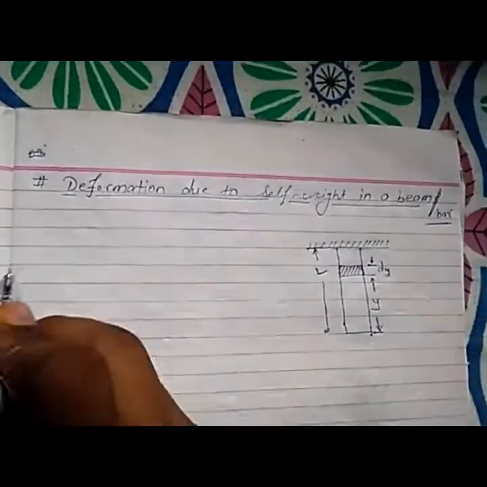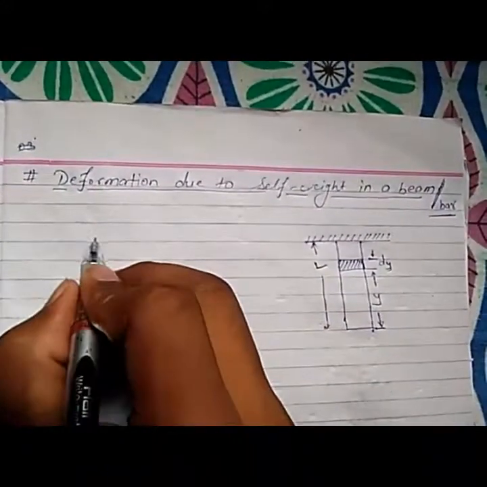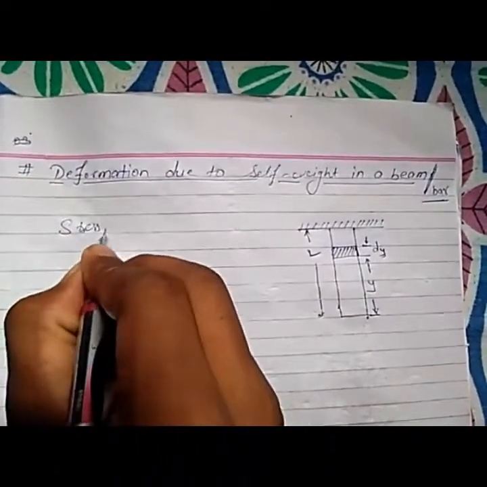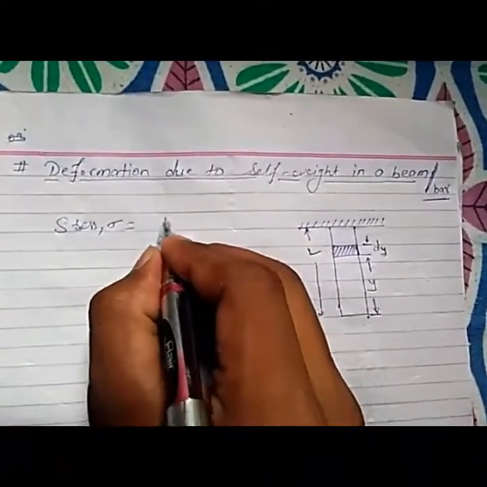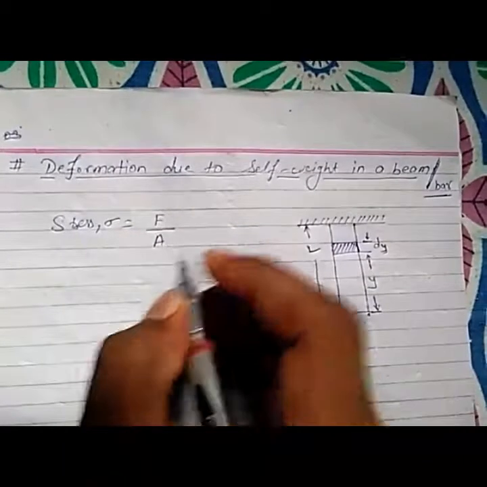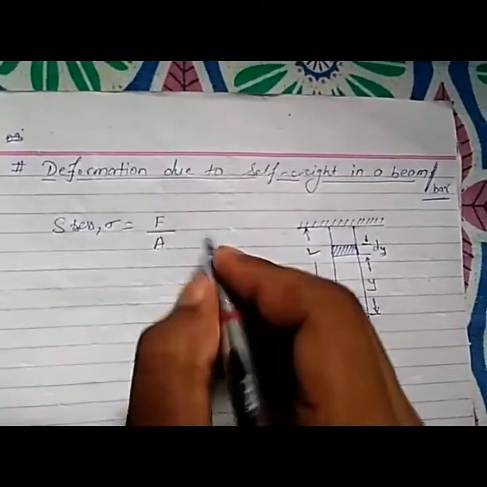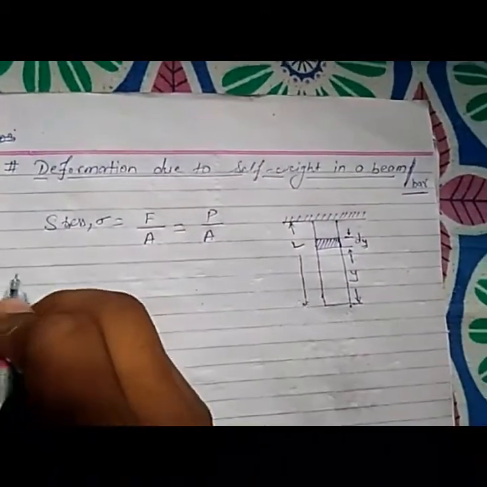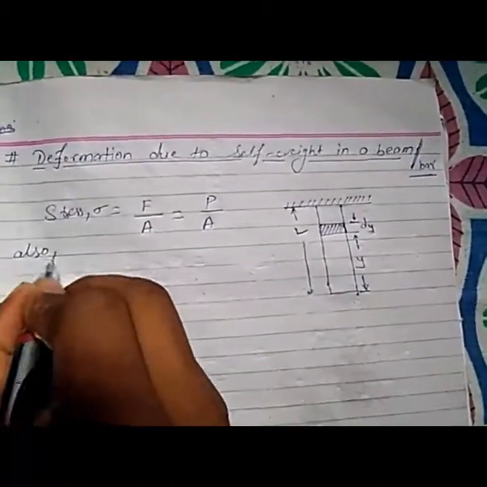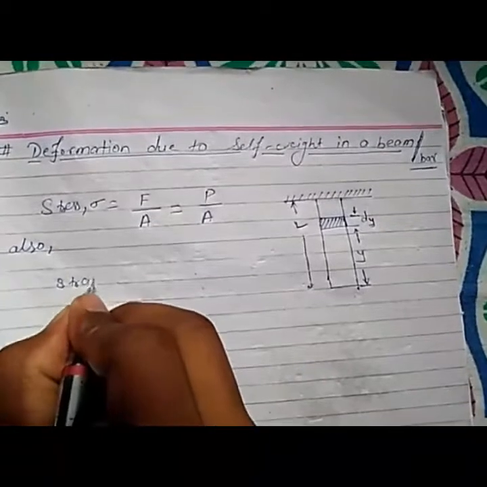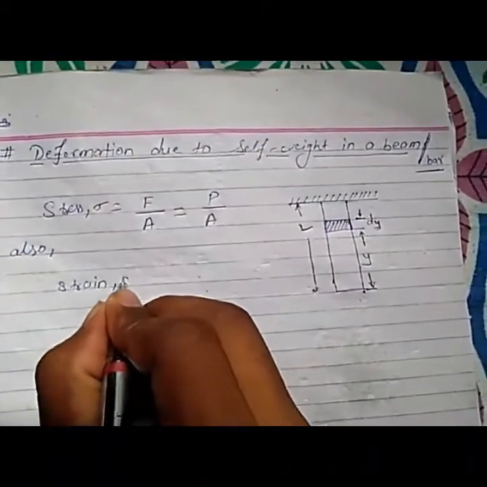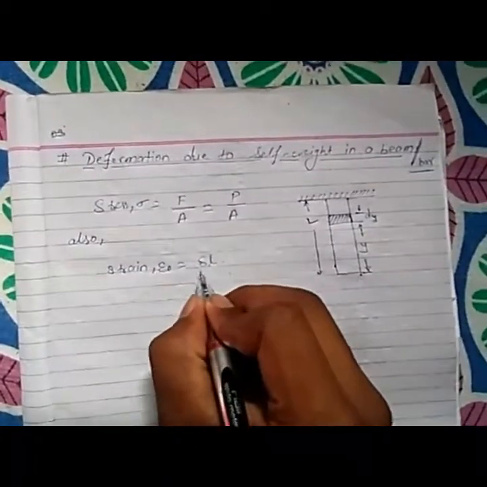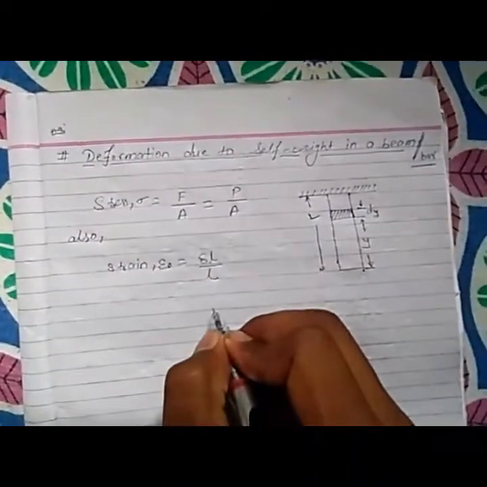And as we know, stress is equal to force by area, or we can also write it as P by A, and strain is equal to change in length by length.